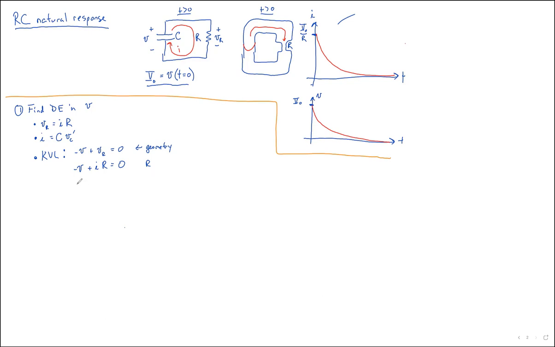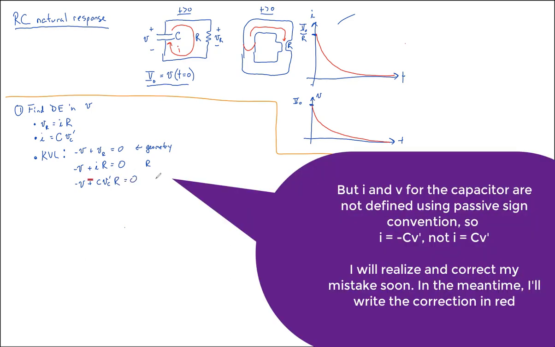We see an I up here, so we add that in too: I is equal to C V prime, plus V sub R equals 0. That's adding in our C. Now we've talked about both the geometry of the circuit and the constitutive relationships for our components, so that's a completely defined differential equation.